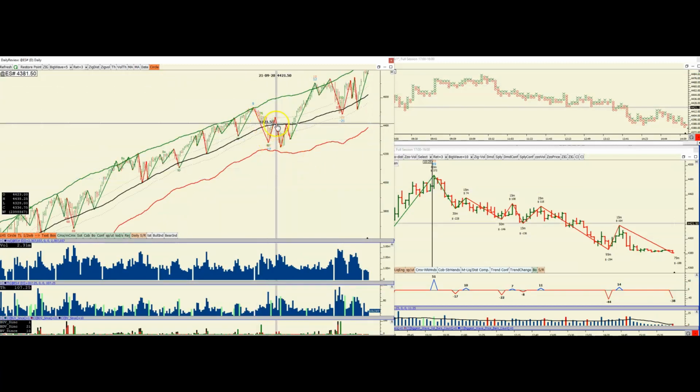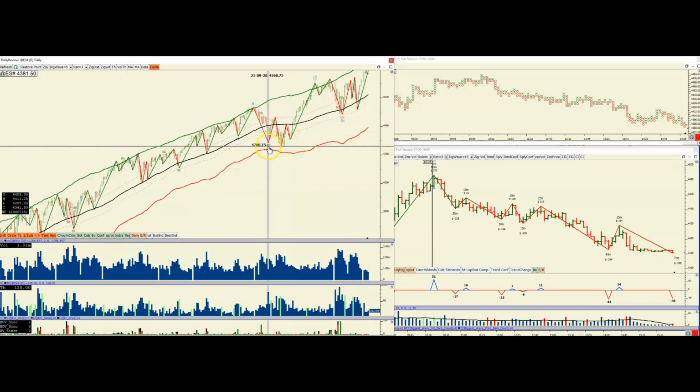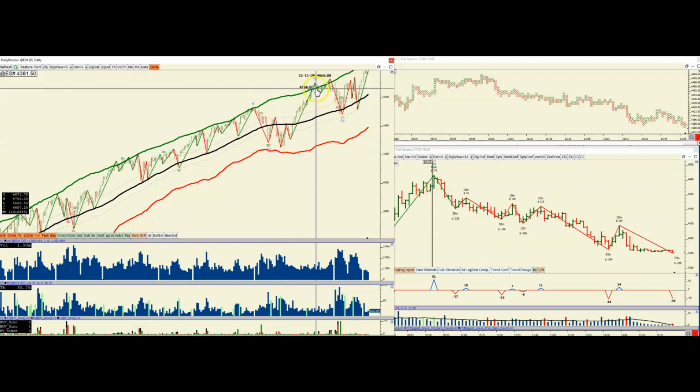Here it goes in the down channel, and this is threatening. If it tags that low, that bottom, for me, I would consider that a very likely trend change, and it would not be easy to get above.